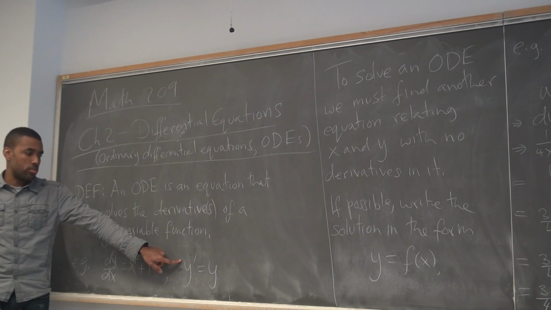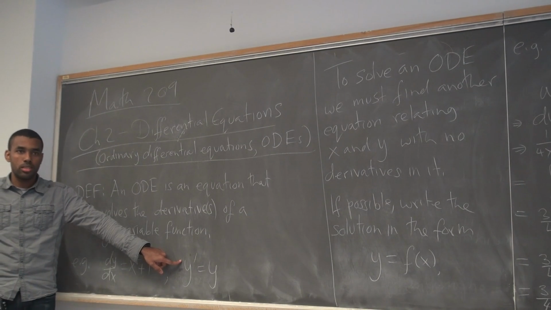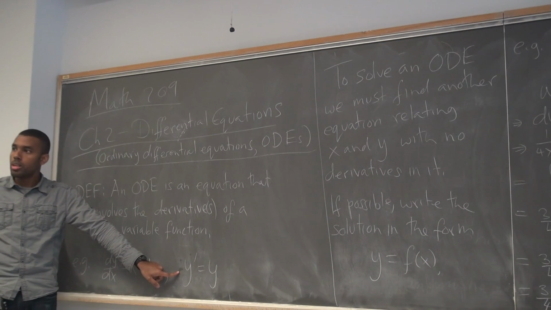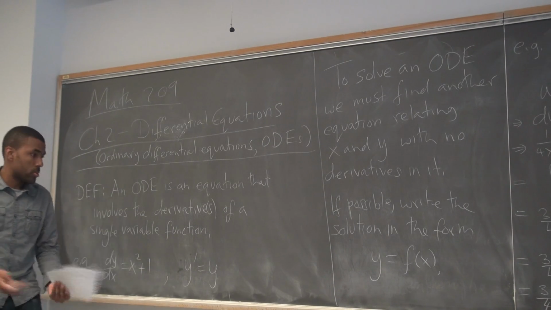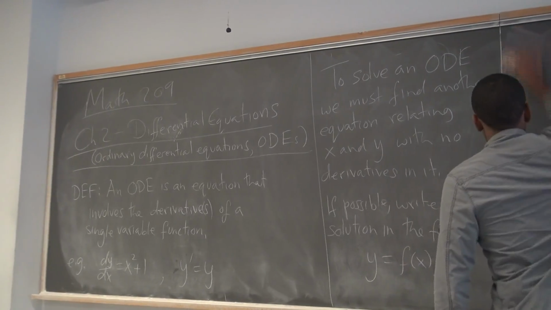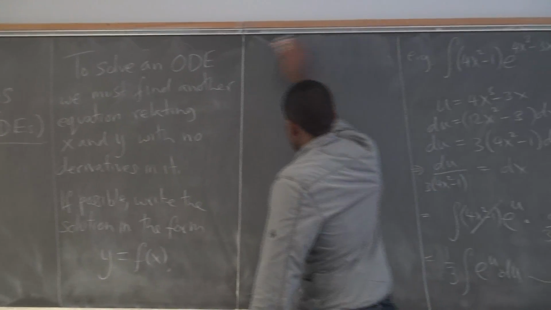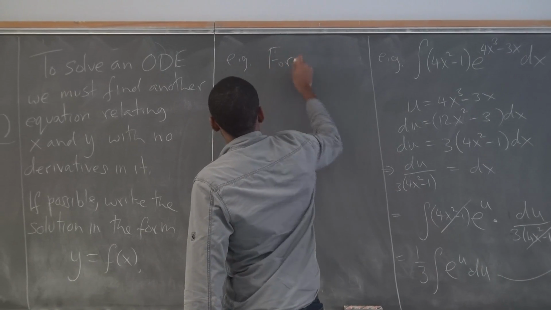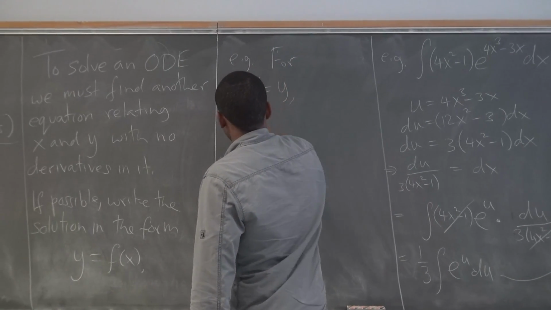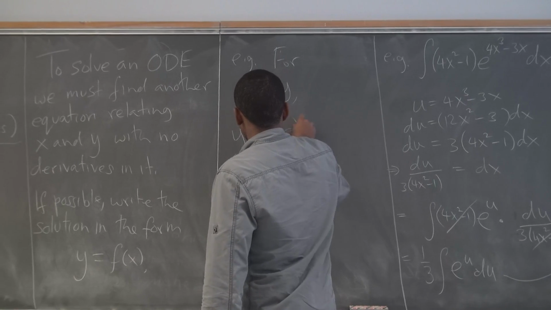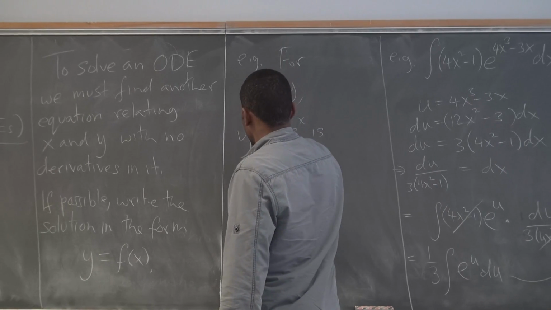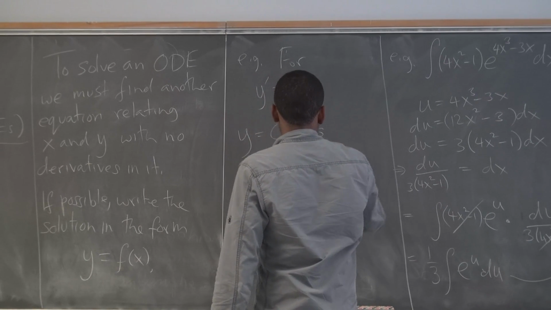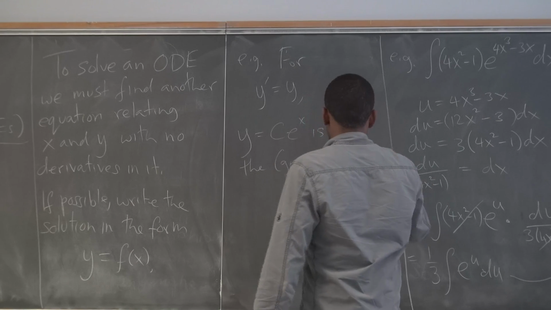e to the x is one such function. In fact, a constant times e to the x is such a function. All functions that look like c e to the x would be a solution here, right? So for this example, for y prime equals y, y equals c e to the x is the general solution, right?